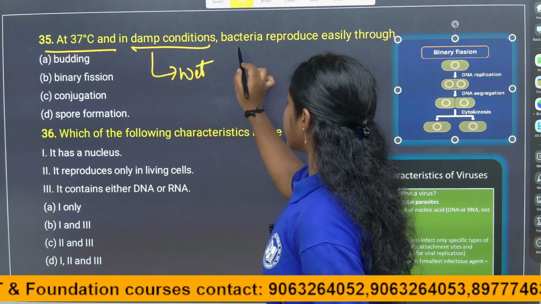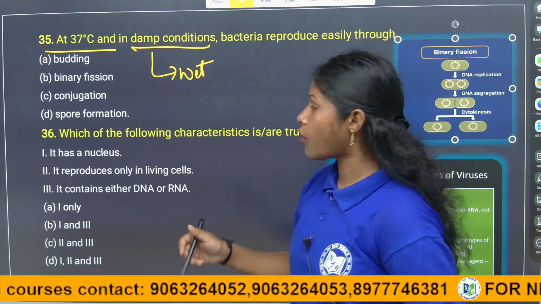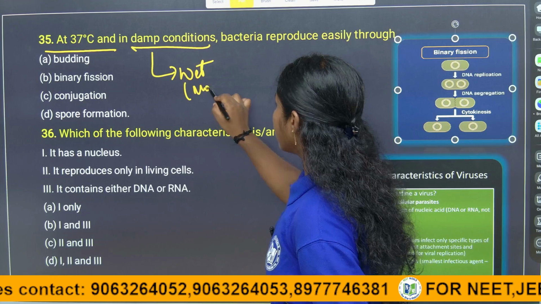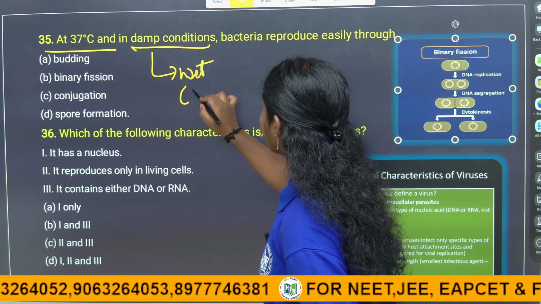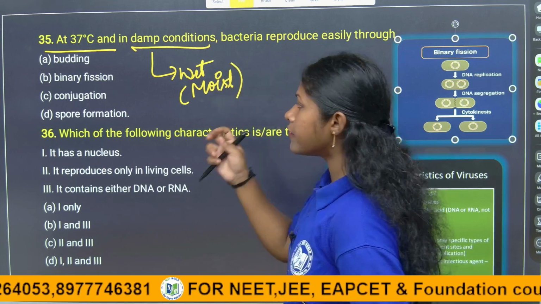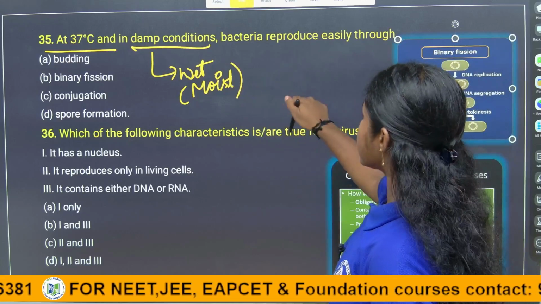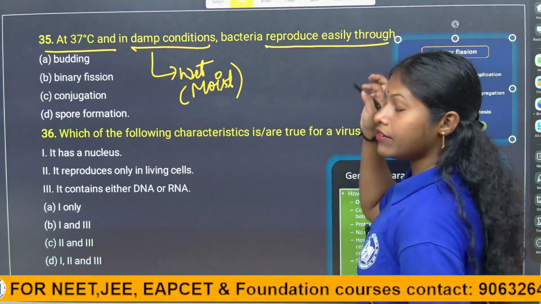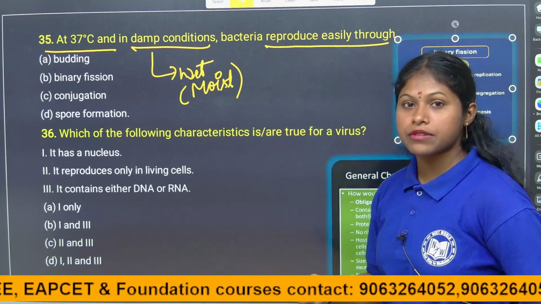The most favorable conditions for microorganisms are moist, wet conditions, right? Moist conditions are favorable for the growth of microorganisms. Here at 37 degrees in damp conditions, bacteria reproduce through... When there are suitable, ideal conditions for microorganisms, they grow more.